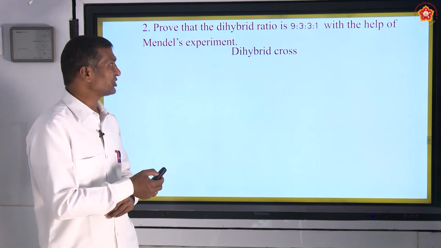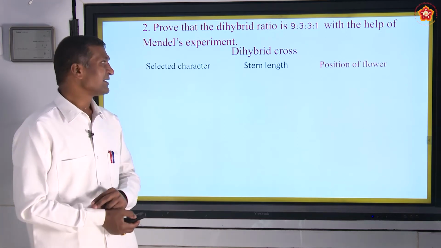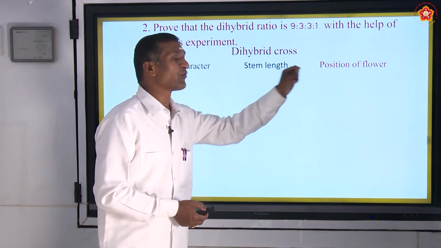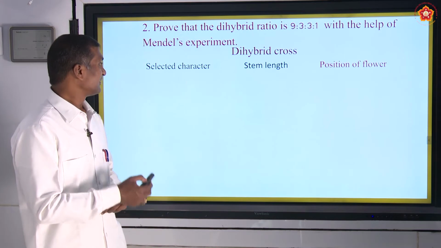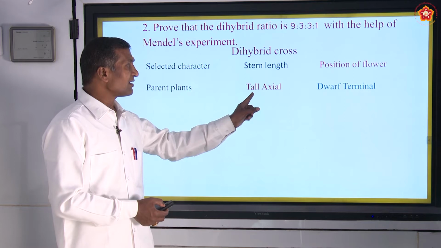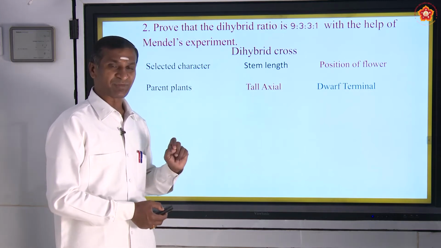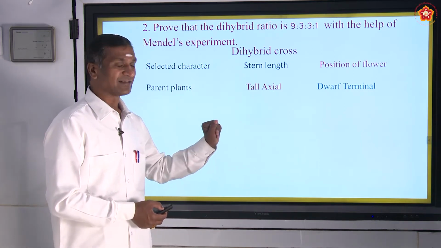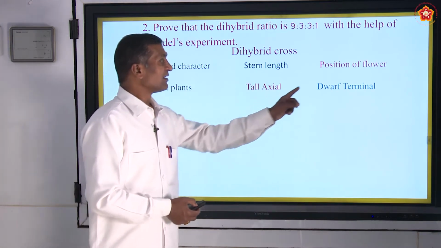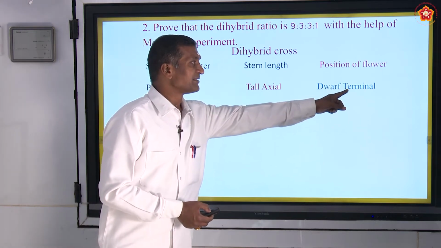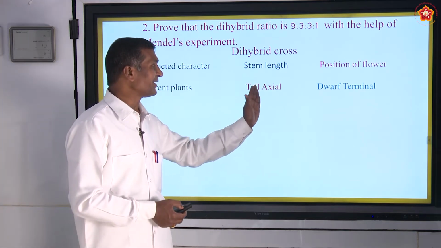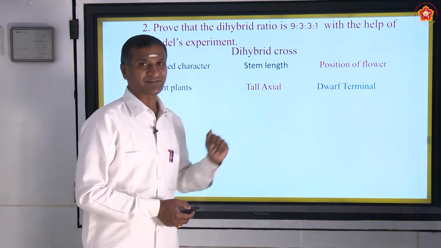To prove the ratio, the dihybrid cross selected the characters stem length and position of flower. Parent plants: tall and axial, because 2 characters should be present. So, a tall plant with the flower in the axial position, and a dwarf plant with the flower in the terminal position. So, 2 dominant characters and 2 recessive characters.